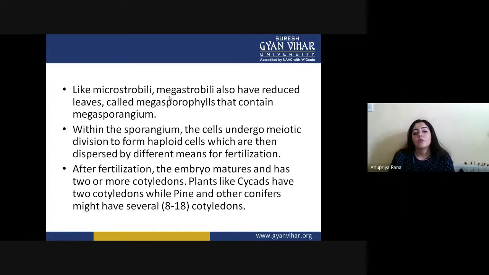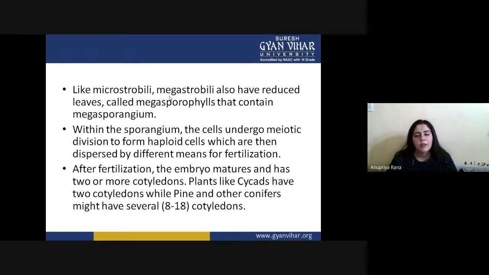Like microstrobili, megastrobili also have reduced leaves called megasporophylls that contain megasporangia. Just as some protective leaves cover the microstrobili, the megasporophylls cover the megasporangium for its protection. Within the sporangium, the cells undergo meiotic division to form haploid cells. So what happens inside the sporangium, which is protected by these megasporophylls or microsporophylls?